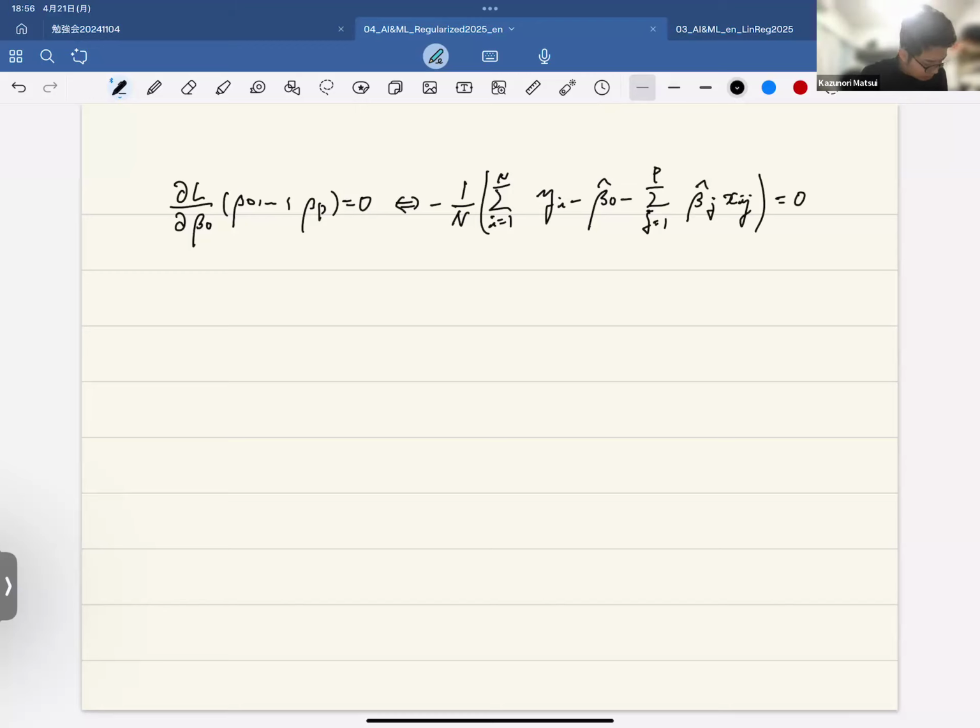So when we expand it, minus n plus, so this part becomes beta 0 because we add beta 0 n times and divide by n.